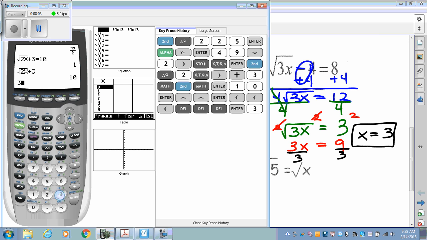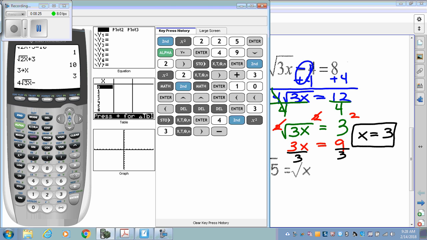So I'll do 3, store x, enter. So my calculator knows what x is, and then I'm going to type out the original equation. So I'm going to say 4 radical 3x. I'm going to arrow over because that's all that is under the radical, and the minus 4 is outside of the radical.